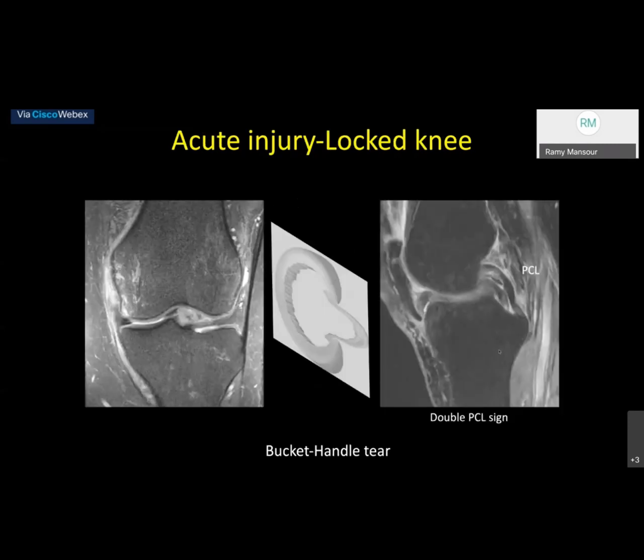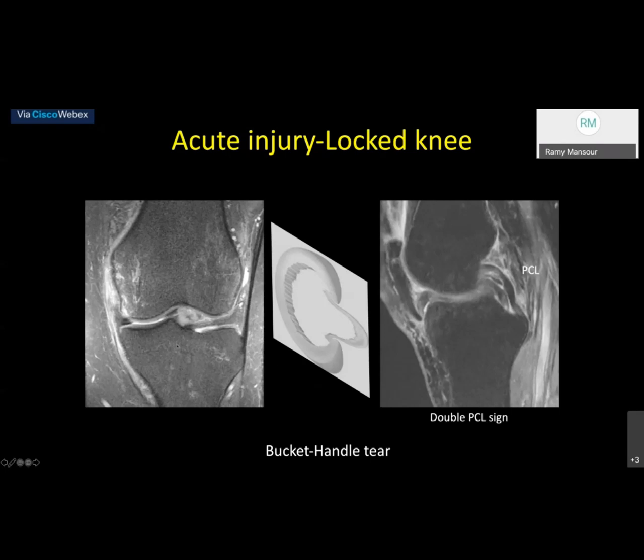The most commonly seen with acute injury is the bucket handle tear, which basically represents a longitudinal circumferential tear with displacement of the fragment into the intercondylar notch. Those people present to the A&E or to the orthopedic knee surgeons with a true locked knee, because this meniscal fragment prevents movement of the knee.